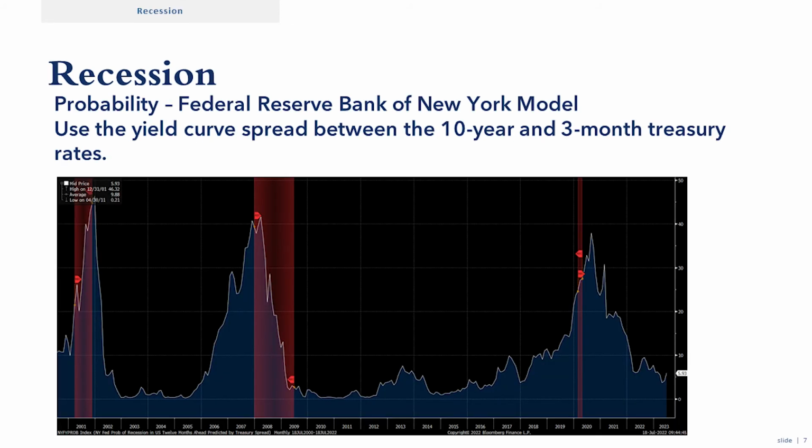Looking at some of the different probability models out there, this one is from the Federal Reserve Bank of New York, and it uses the yield curve spread between the 10-year and the 3-month Treasury rates that we showed you earlier. Although its reading is coming up, it's not getting to a level that has been calling for a recession in the past. Back here, you can see that the level got close to 40.